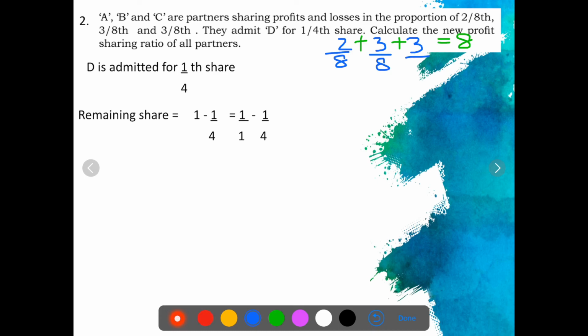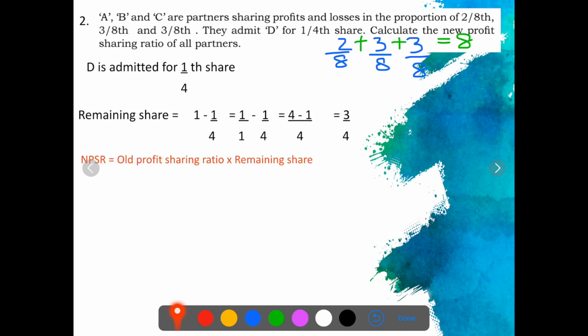The answer will be 4 minus 1 divided by 4. I have just taken the LCM and done this fraction. The answer is 3 by 4.